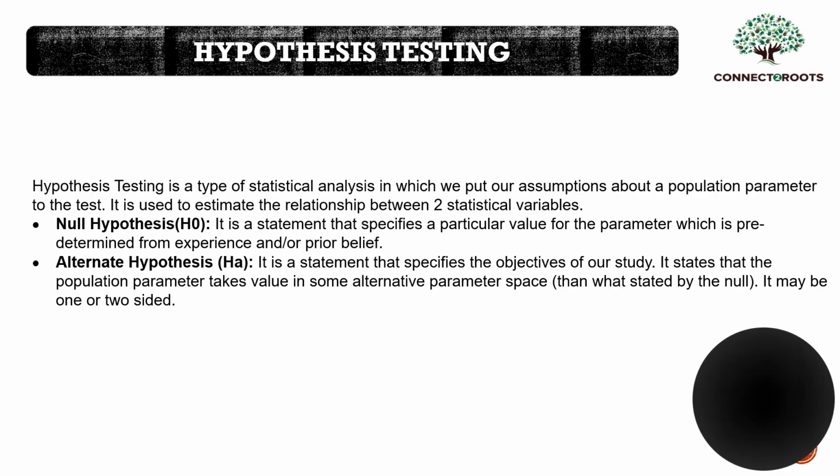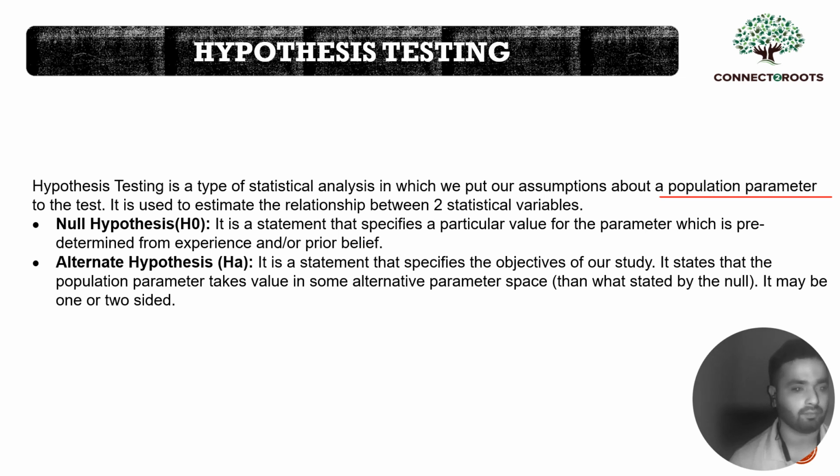Now coming to what is hypothesis testing. Hypothesis testing is basically a statistical analysis of an assumption, or you can say a statistical analysis about your population parameter. Now, to test whether your sample lies with your population, or whether your population is within a specific range.